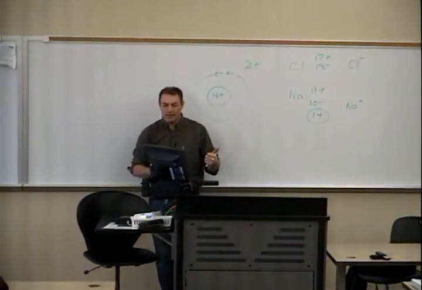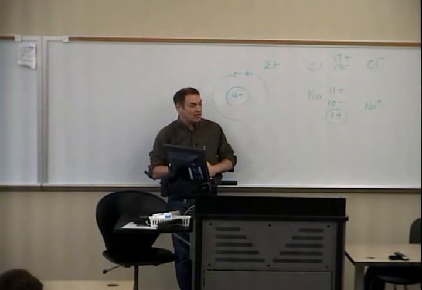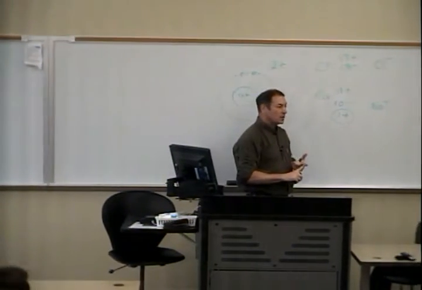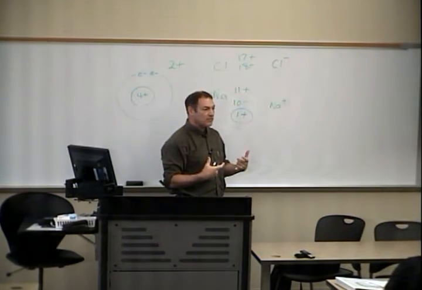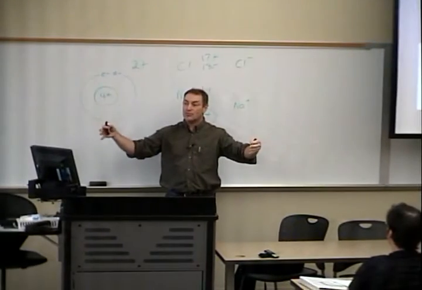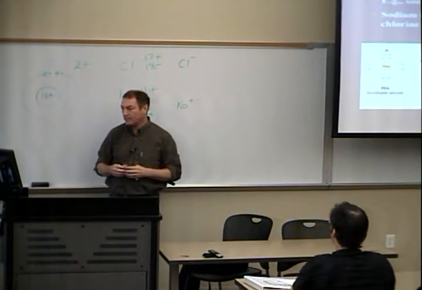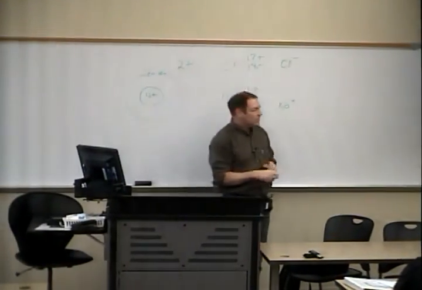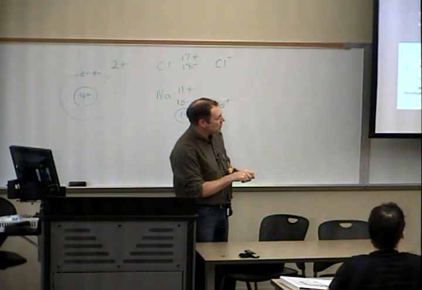When it does that, sodium's got a full valence shell. As a result of transferring it to chlorine, chlorine has got a full valence shell. They've both got full valence shells. Remember, whenever we're talking about chemical bonds, covalent and ionic bonds, the end result is a full outer shell, a full valence shell. And then it looks like this. We've got a sodium ion with a 1+ charge, a chloride ion with a 1 negative charge.